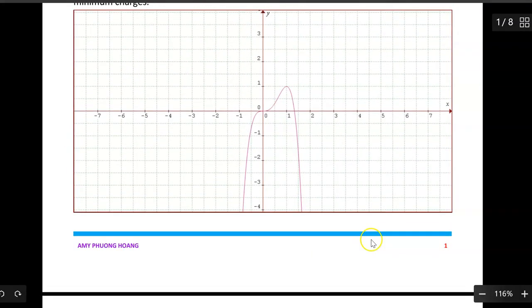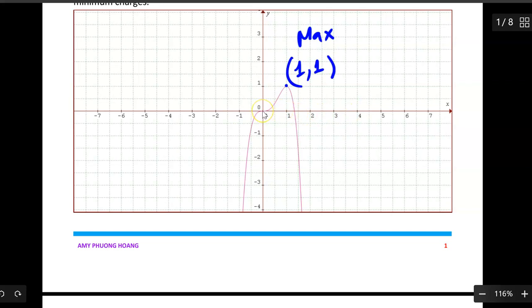Okay, so I go here, I am going to make a point right here for everyone. So this is 1, 1. When t is equal to 1, the value of the charge will also equal 1, and this is the maximum point.